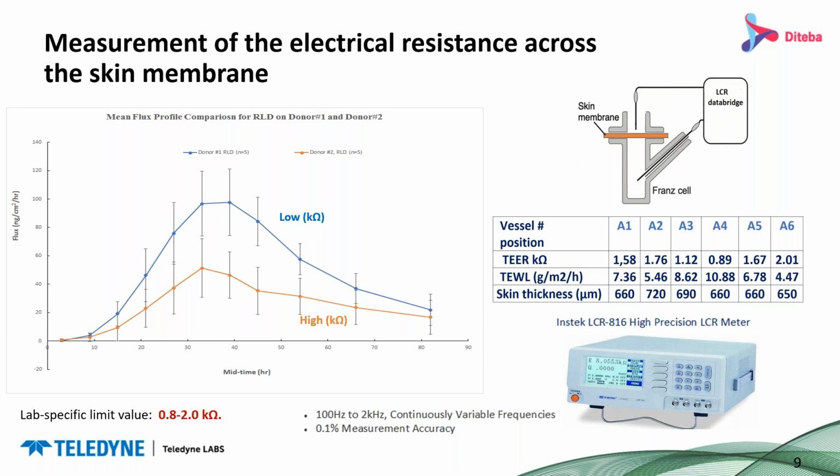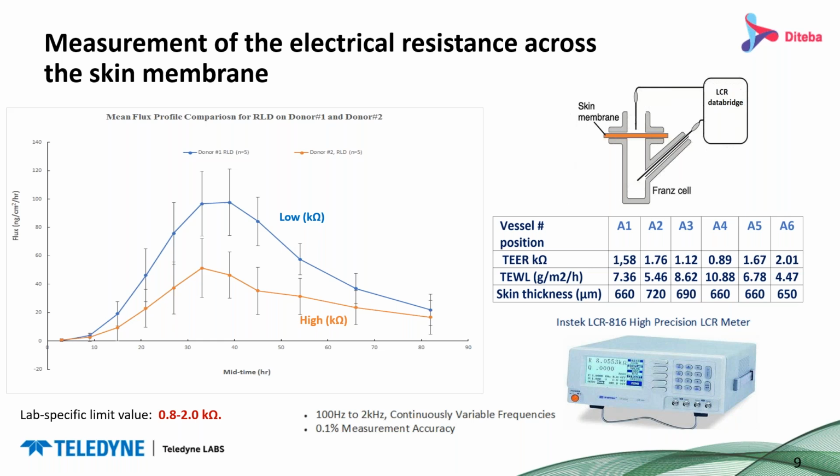Electrical resistance can be expressed as kilo ohm per centimeter squared or kilo ohm based on the specific diffusion cell area. In our lab settings for ex vivo human skin under standardized conditions, ideal resistance should fall within 0.8 kilo ohm and 2 kilo ohm. The lower limit is used to distinguish between native and compromised skin samples.